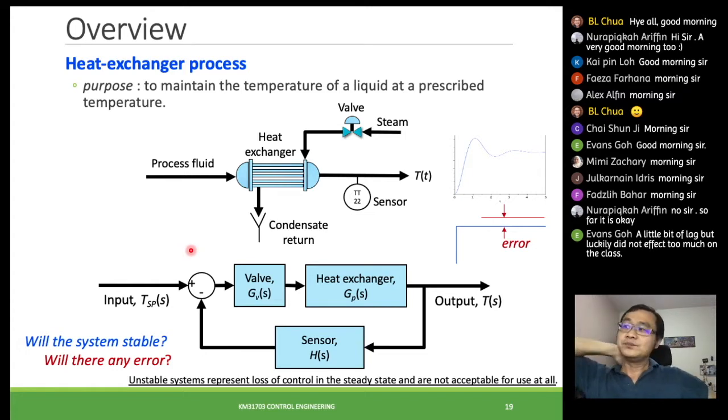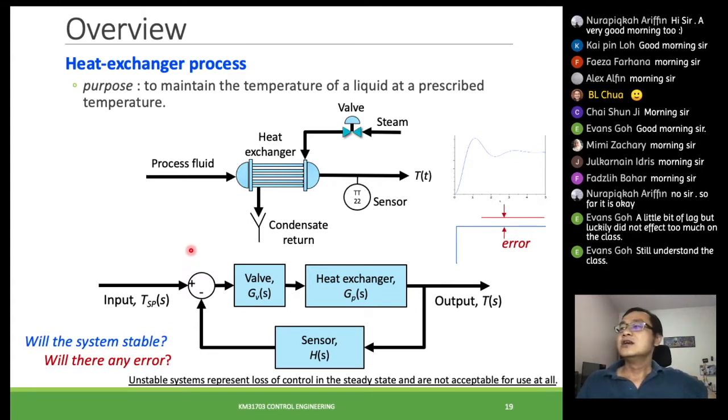The purpose of this heat exchanger is to maintain the temperature of the liquid at a certain temperature. We have a liquid going in, and this liquid will be heated up before it's released through a heat exchanger. We have very hot steam to heat it up.